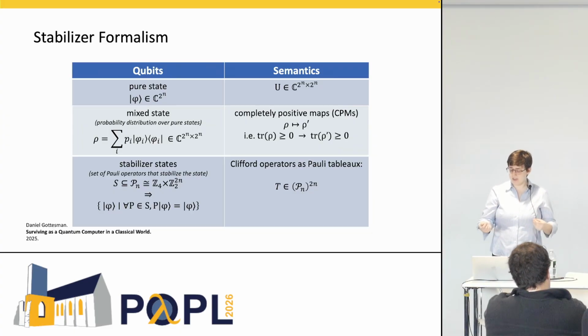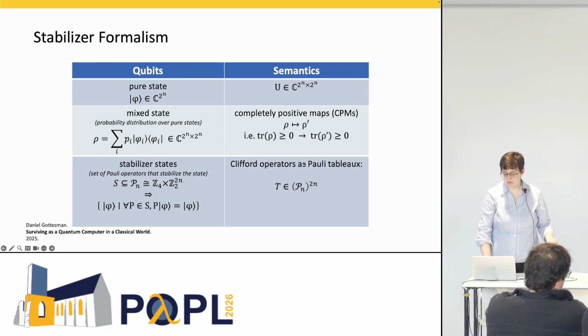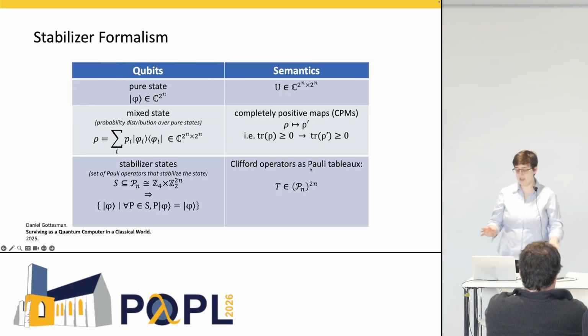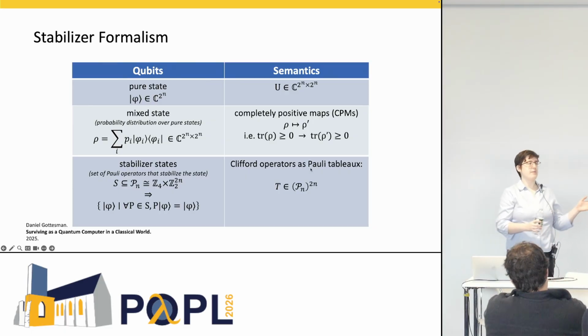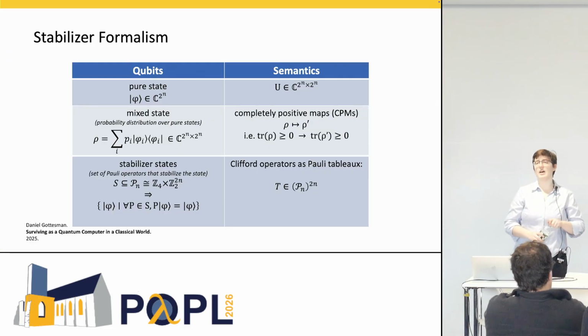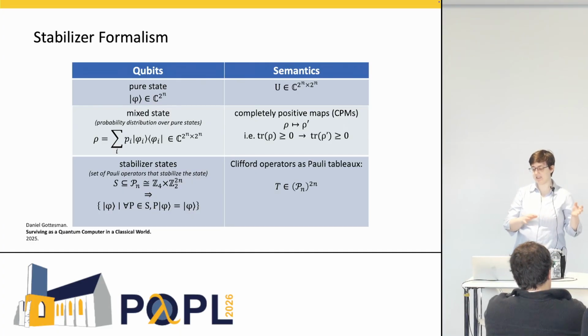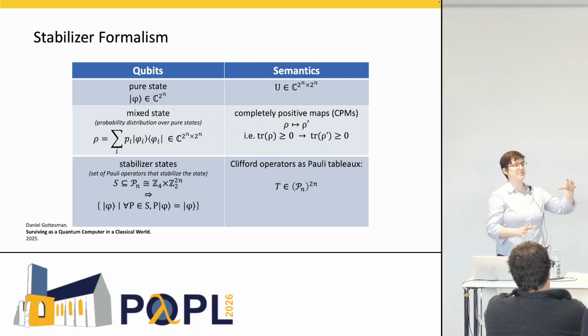And the operators that act on these stabilizer states can be described in terms of what's called a tableau that basically describes how you transform the generators of that Pauli group into other Paulis. So you're basically mapping this function over your set of generators.